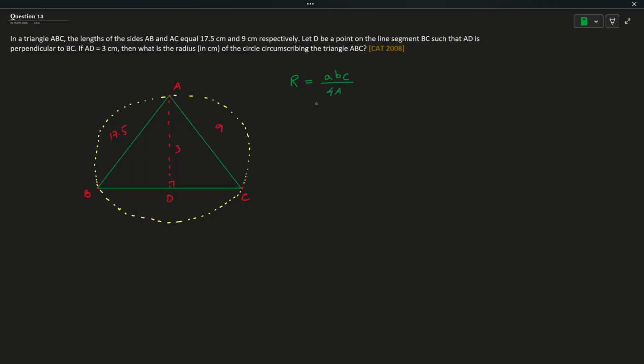I will prove this, okay guys, don't worry. So what is A?